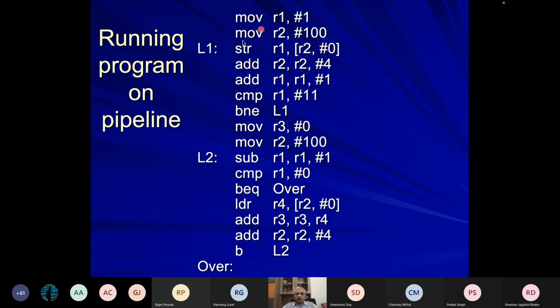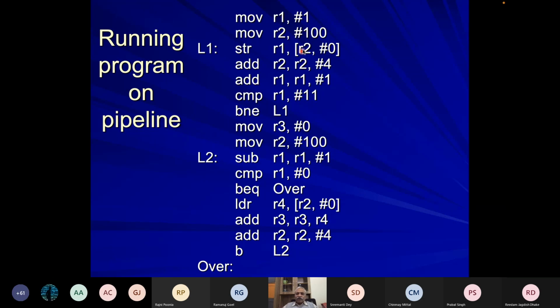So there is one loop here. What we are doing in this loop is storing R1 in the address given by R2. So you're storing 1, 2, 3, 4, etc. These numbers are stored there, and we are going up to 10.